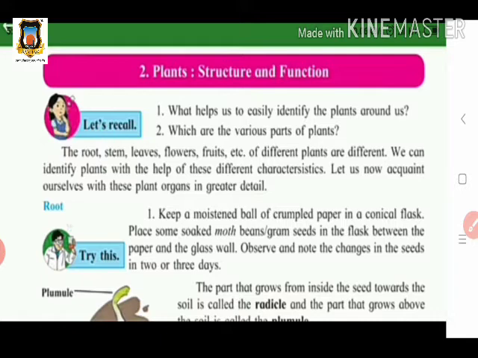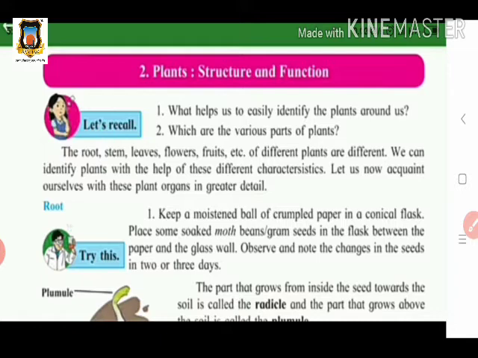In this chapter we learn about these parts in detail: the types of roots, the part of the plant that is the stem and how it is modified, or which type of roots and leaves are present in each and every plant. So here we see all the plant parts in detail one by one.